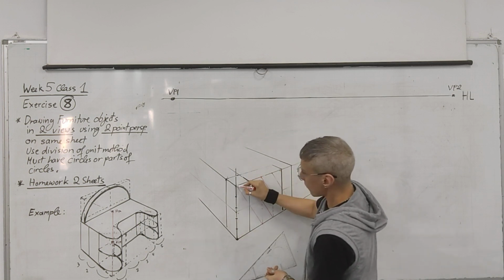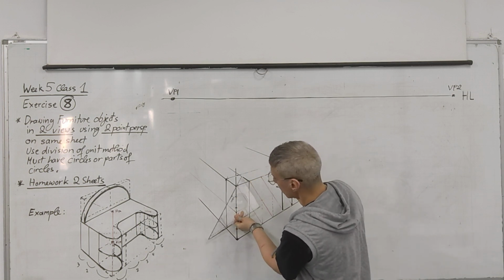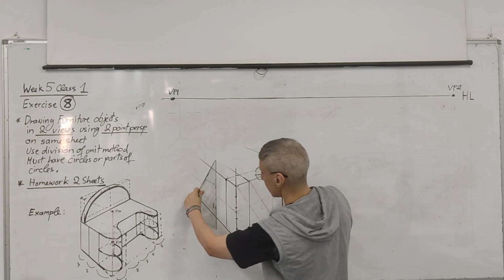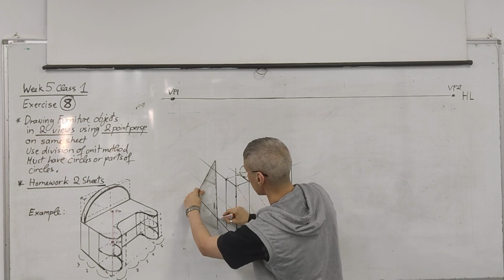Now, from this through this, okay, we'll put a line and see where it will touch here. This is the location of the second object.